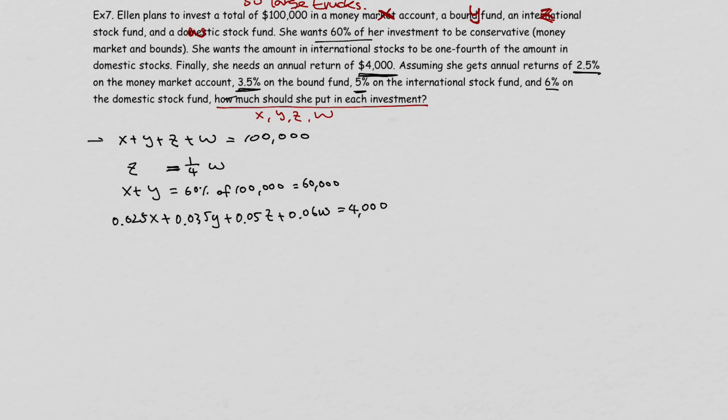So I have the first equation, second, and third. The fourth one has decimals. So I wanted to get rid of the decimals by multiplying everything by thousands. So let's multiply this by 1,000.